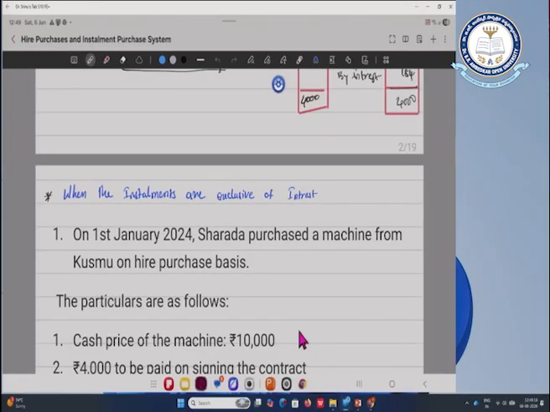Next, the third case is when the installments are exclusive of interest. It means they will give the down payment amount and installment amount, but that installment does not include the interest. This is the third case. Next is the fourth case, the calculation of interest when the rate is not given.